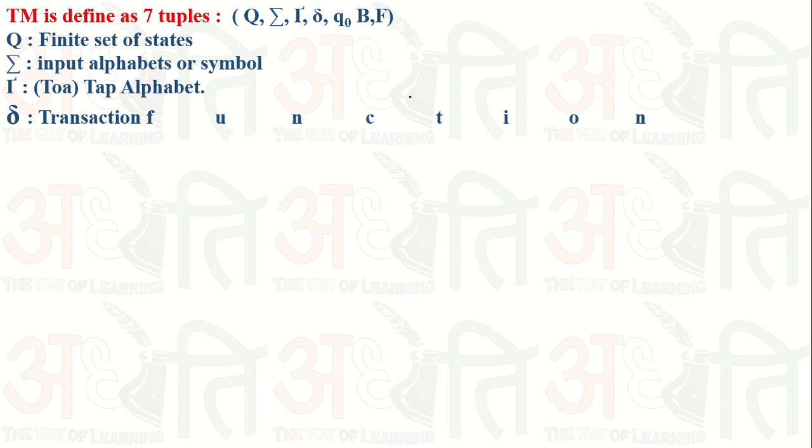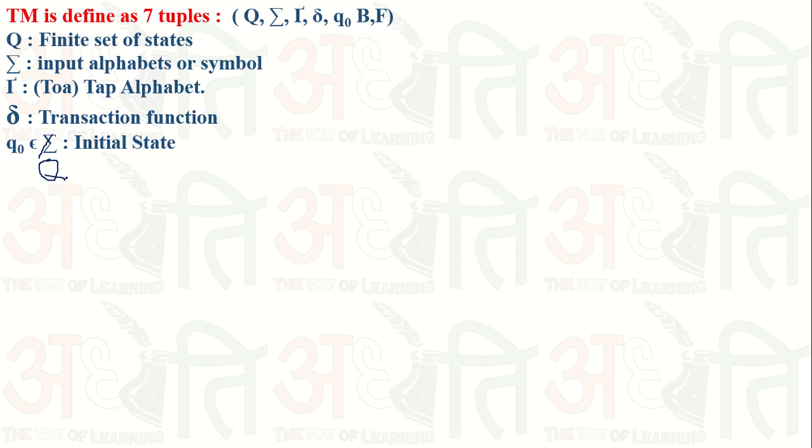The transition function represents what the current state is, what we are reading currently, and after reading that, which next state to go to, and what symbol is written on the tape. I will show you the function also. Q naught is the initial state, which belongs to Q, not sigma. Q is the set of all states, so Q naught belongs to the set of all states.